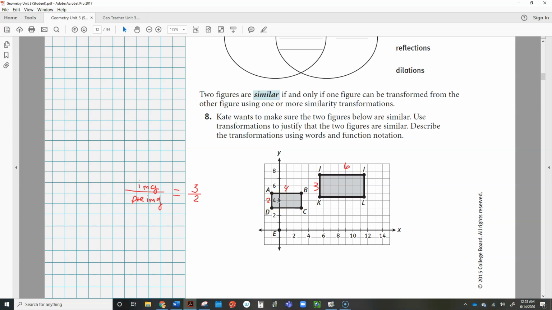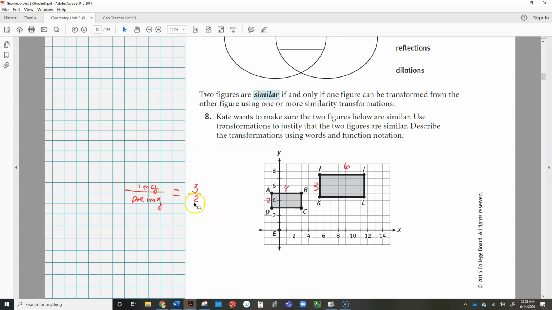If you go to the side lengths that are similar, this one right here is the longest side of the pre-image. It has a measurement of 4. This is the short side. It has a measurement of 2. You take those measurements of this image over here, and if you want to find the scale factor, you always put the image measurement on top and the pre-image measurement on bottom.